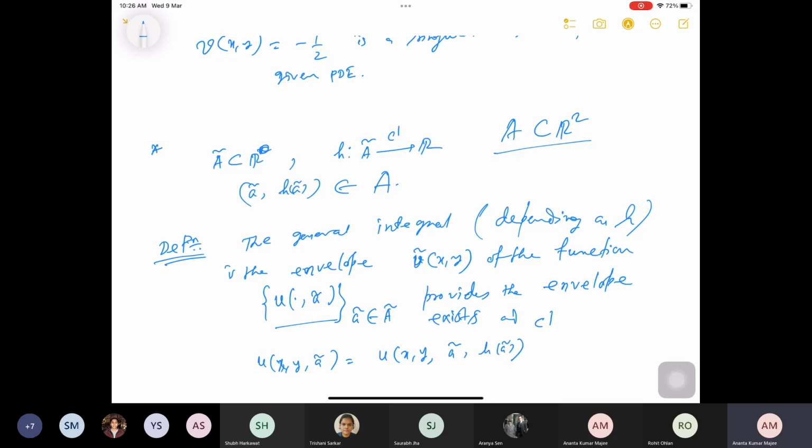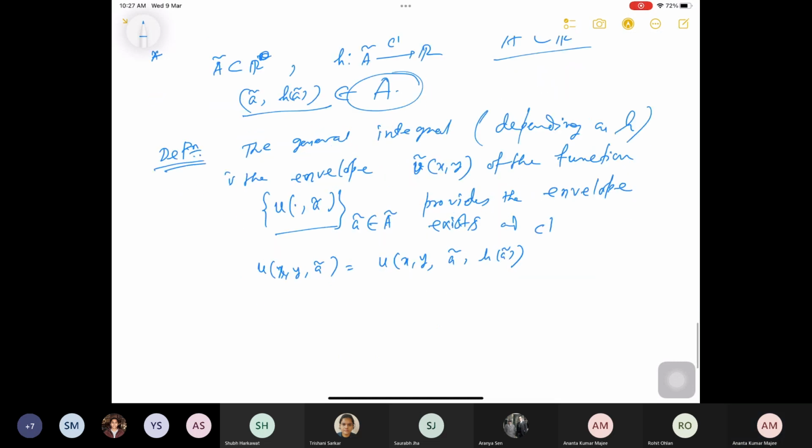Initially you have two parameters, a and b. Now my b is a function of a. That's why I put ã, h(ã), such that the graph (ã, h(ã)) lies in my parameter set A. So the general integral is again kind of your singular solution, but here you have one parameter.